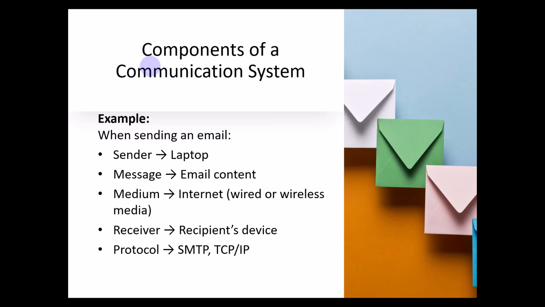It can go through wired channels, or it can go through wireless channels. And then we have the receiver, which is the recipient device, the person that you are sending the email to. The person's device is the receiver. And then common protocols that are used on the network for email services are the Simple Mail Transfer Protocol, we call the SMTP, and then the Transmission Control Protocol/Internet Protocol, we call the TCP/IP.